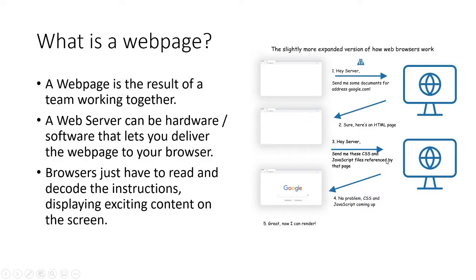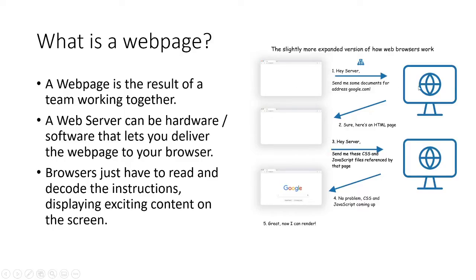So just like this, you see we have Mr. Server here. If you go to google.com on the browser, it's going to say, oh, please server, can you send me some document from the address google.com?